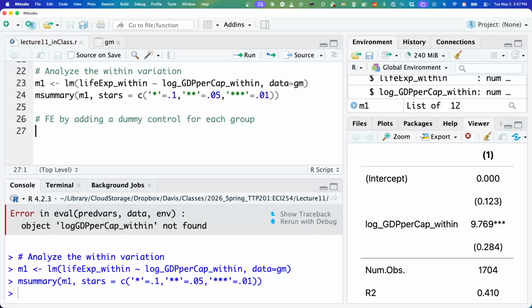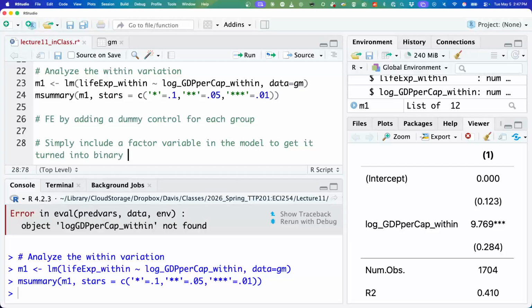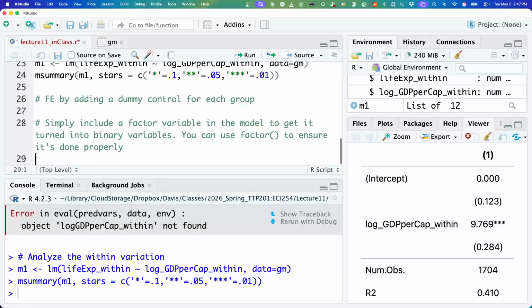So here we simply include a factor variable in the model to get it turned into binary variables. You can use factor to ensure it's done properly.